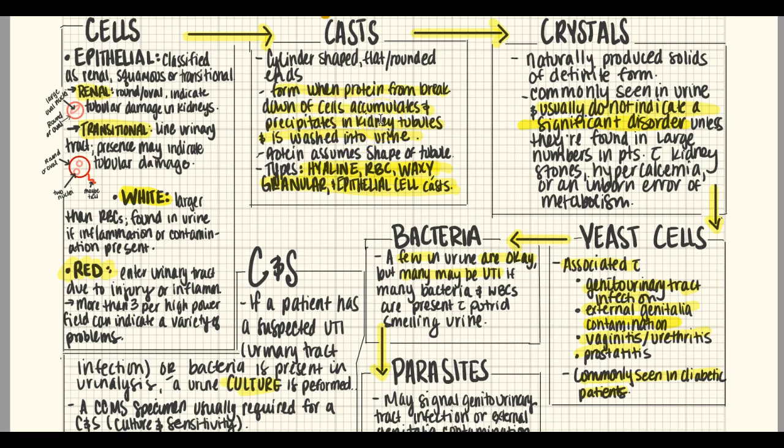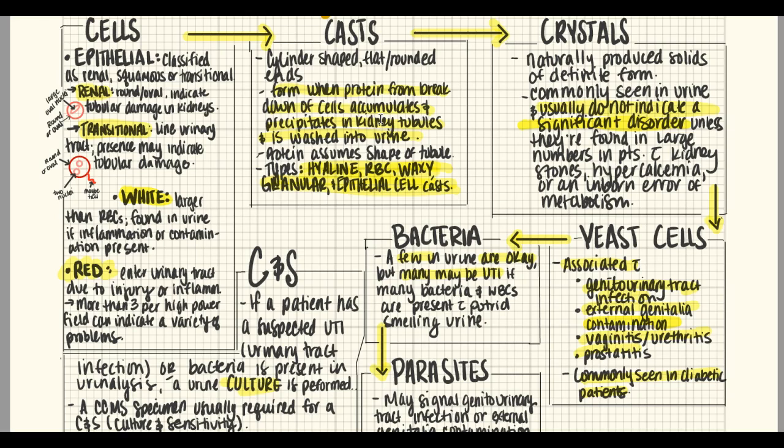Okay, so other things that can be floating around in the urine, we have casts. Those are cylinder shaped, and they have flat, rounded ends.